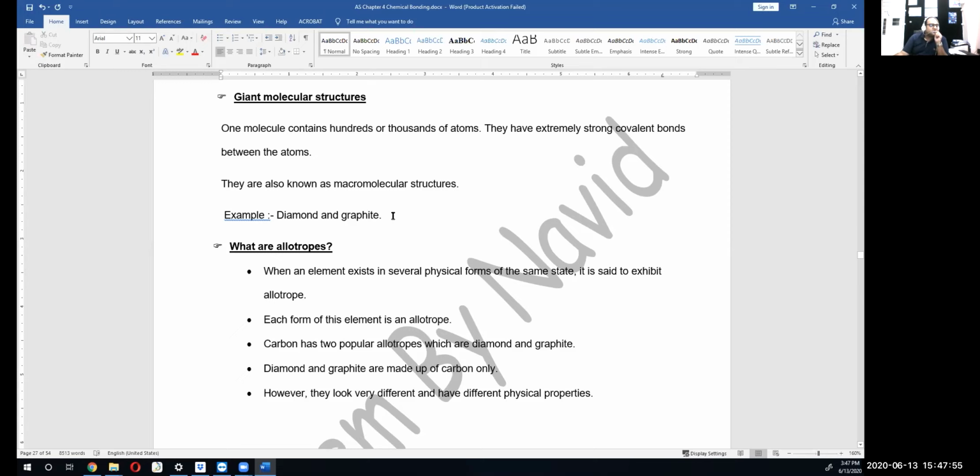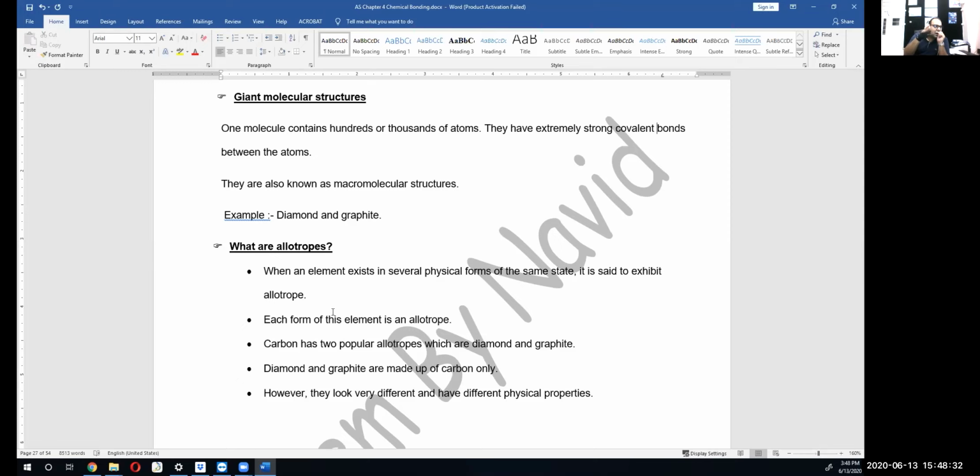So what are allotropes? Allotropes are different structures, different forms of the same element. When an element exists in several physical forms in the same state, it is said to exist as allotropes.